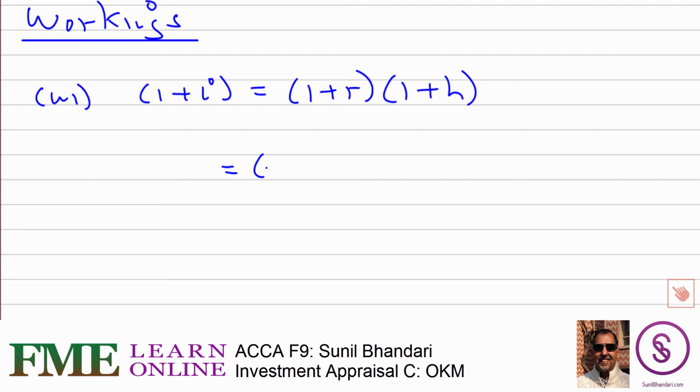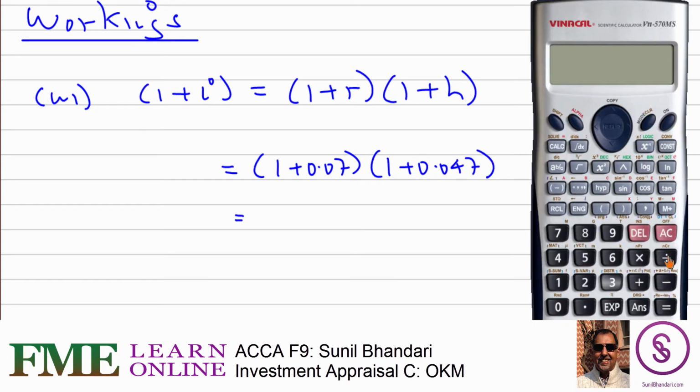Real cost of capital is note 9, 1 plus 0.07. General inflation is note 10, 1 plus 0.047. So let's just run that through the calculator. I use the screen calculator a lot on this calculation. I'm going to take 1.07 and multiply that by 1.047.